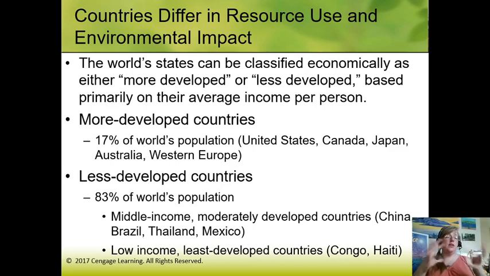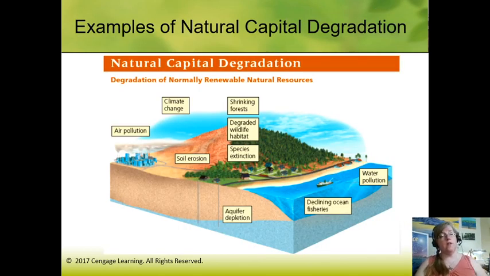So we use these distinctions to help judge the differences. But this 17% more developed, they have more money, they use more resources, they use way more than that whole 83% altogether.